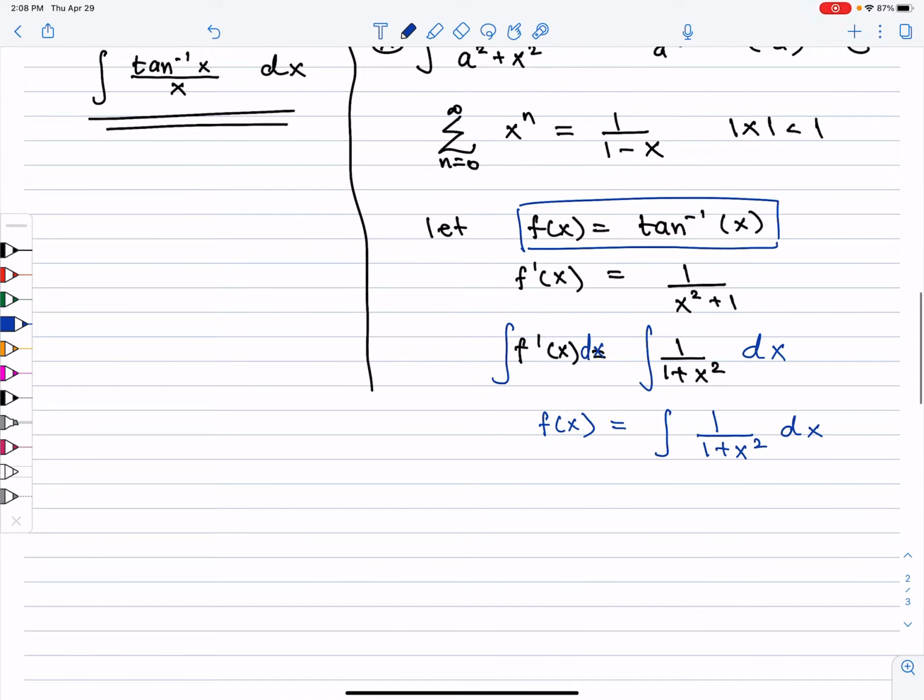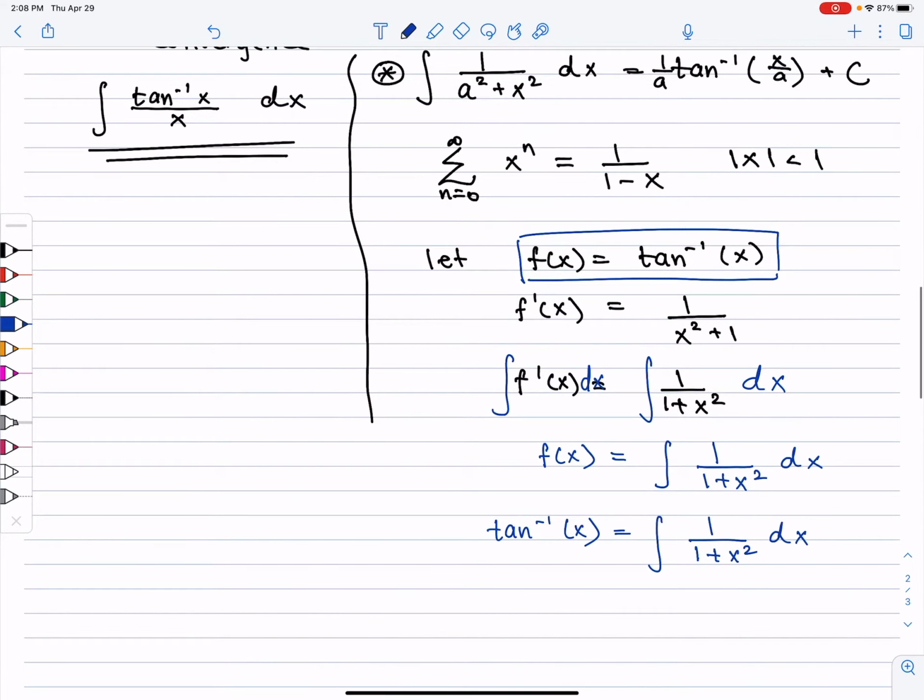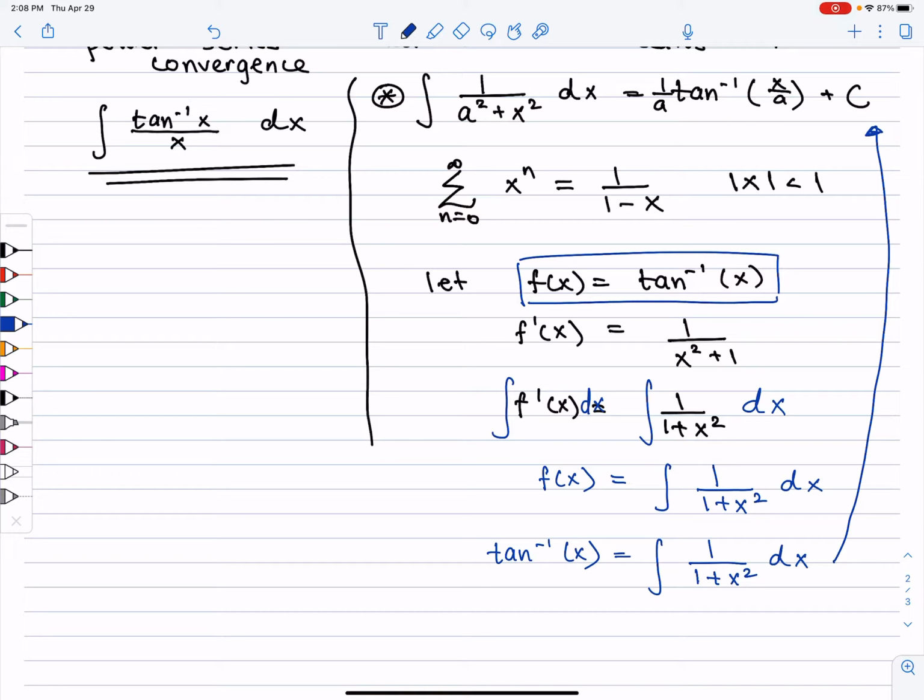So we can say that tangent inverse of x is equal to the integral of 1 over 1 plus x squared dx. And again, it makes sense because we've talked about it over here. The only difference is that in general we have a, and for our example, a is equal to 1. So we're going to start there.